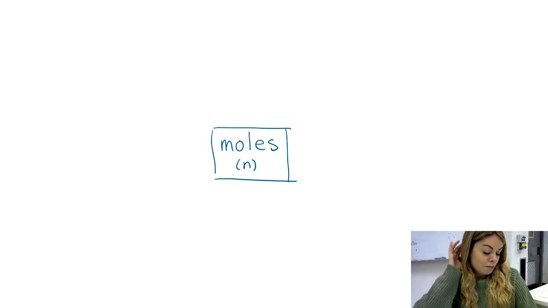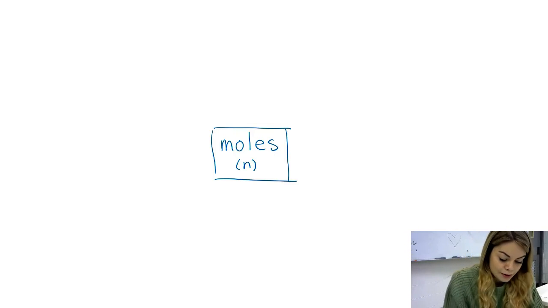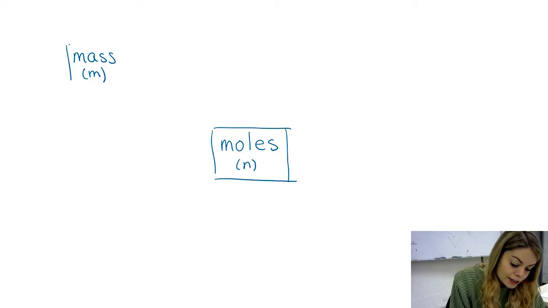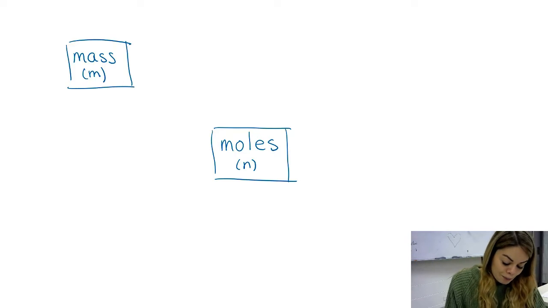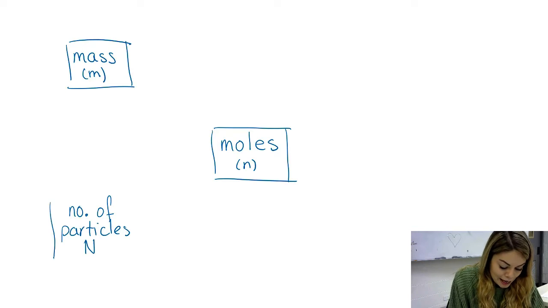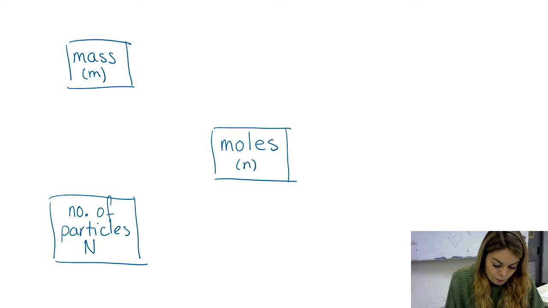Now, from moles, we can find the mass of something. So up here, I'm going to put mass in grams. So that's little m. Okay, and a nice square around that one too. And down here, we have the number of particles. And that one has the symbol big N.